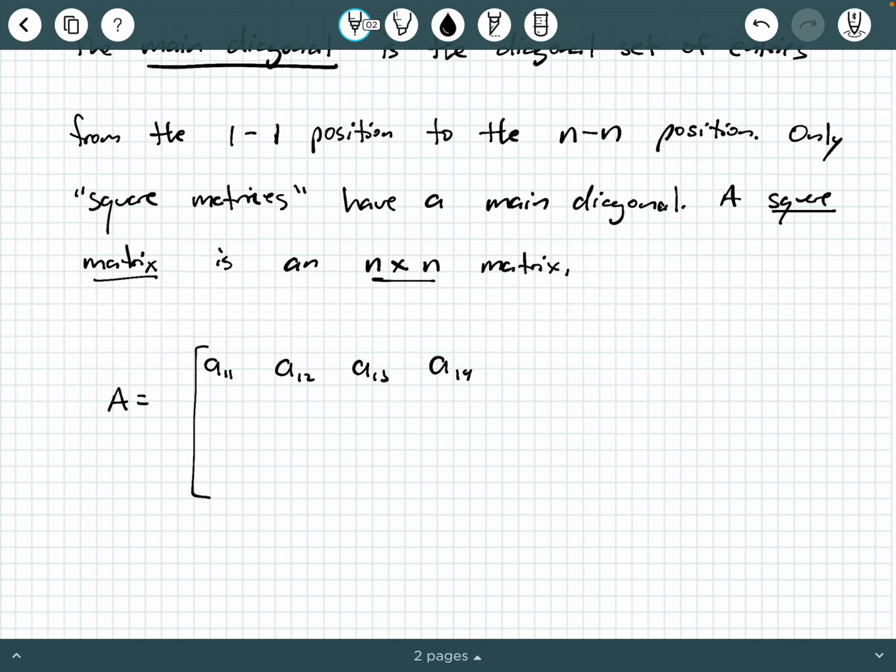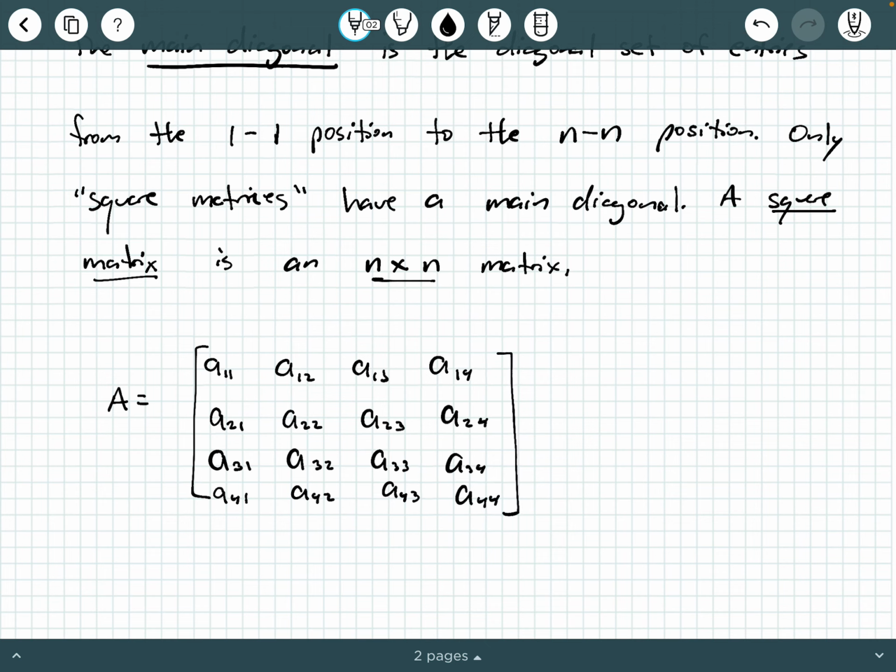And then maybe we've got A21, A22, A23, A24, A31, A32, A33, A34, and then A41, A42, A43, A44.